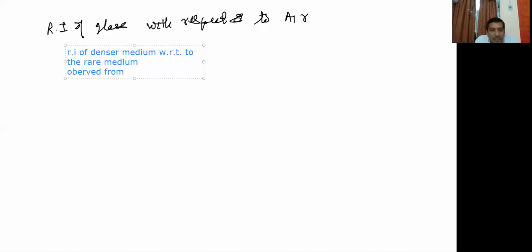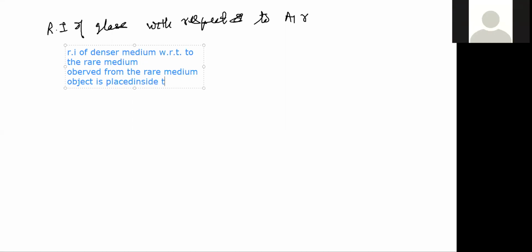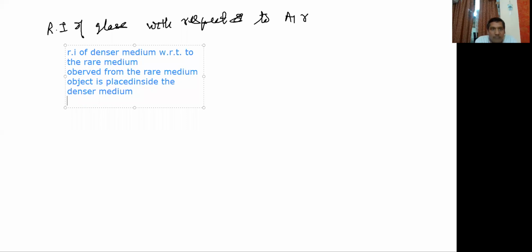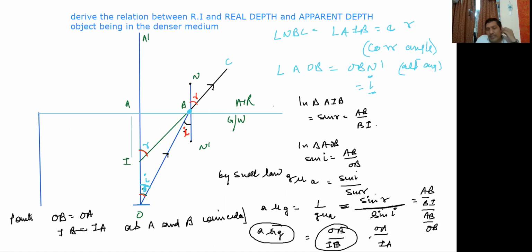So A mu G is basically the RI of the denser medium with respect to the rare medium.